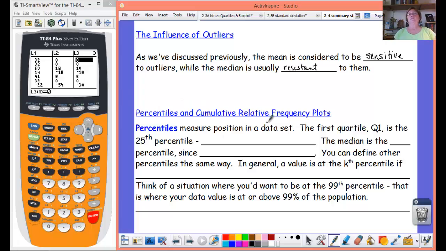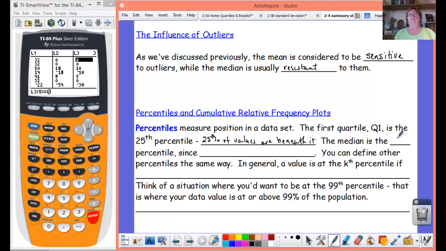Percentiles and cumulative relative frequency plots. Well, folks, this is like a mishmash of some topics that they wanted to get in, and this is the last one here. We've used the term quartiles. The first quartile is called the 25th percentile. That is, 25% of values in a data set are lower than it, or are beneath it.